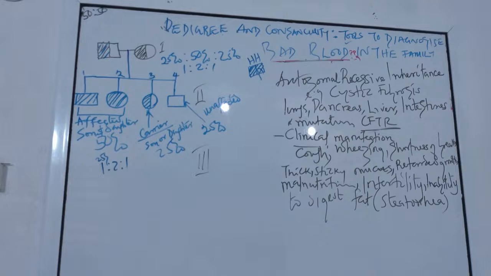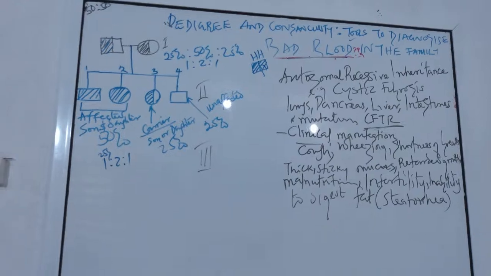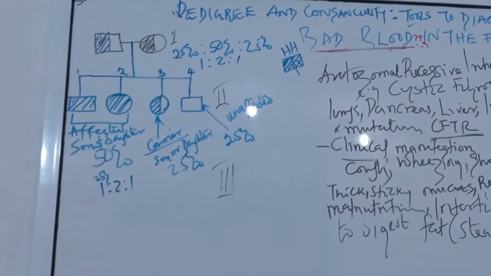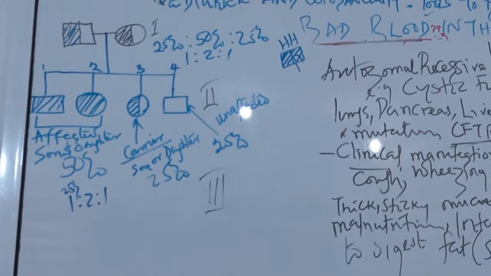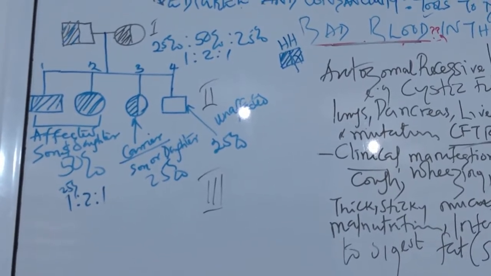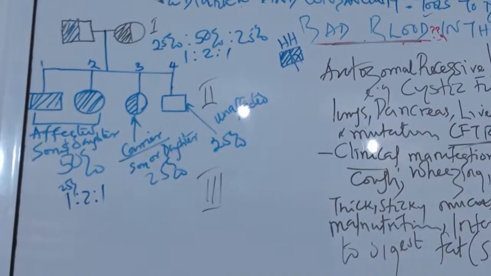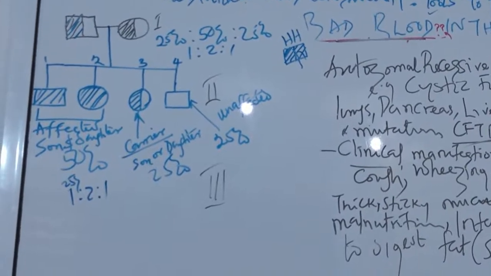So that means the probability that they will give birth to children that will look exactly like the parents is what? It is 50%, because it is only the one that is a carrier that is exactly like both the parents.